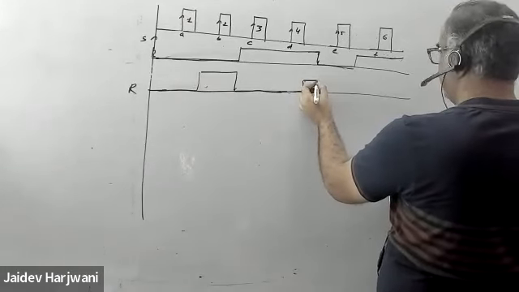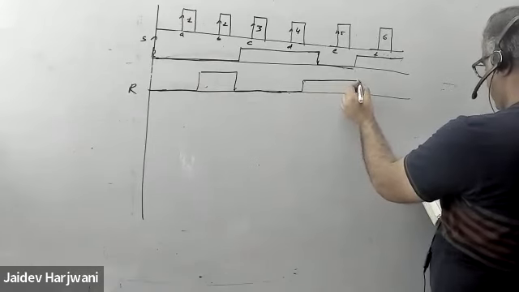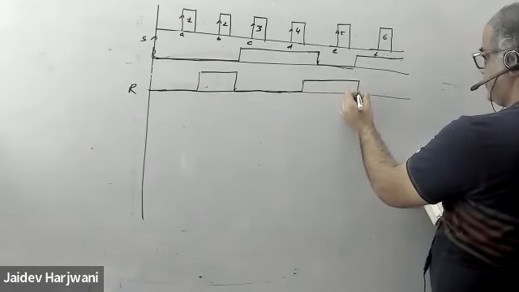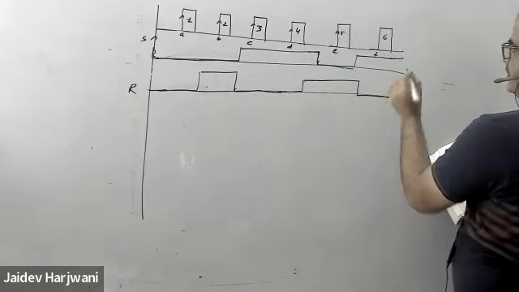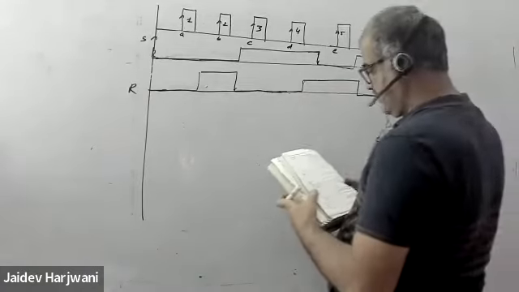It goes up between E and F, and then it becomes 0. Okay, these are your inputs. Now you have to plot the output.